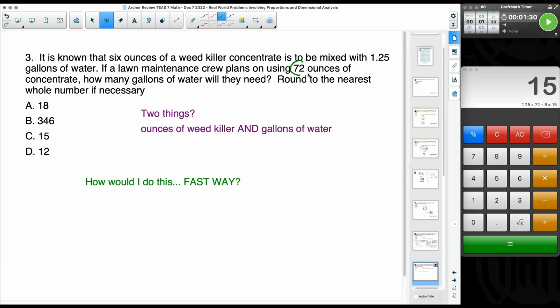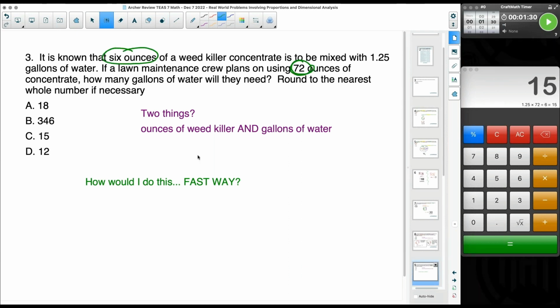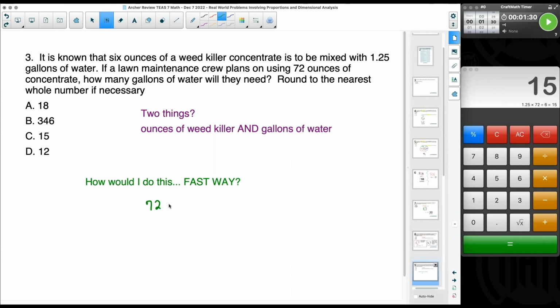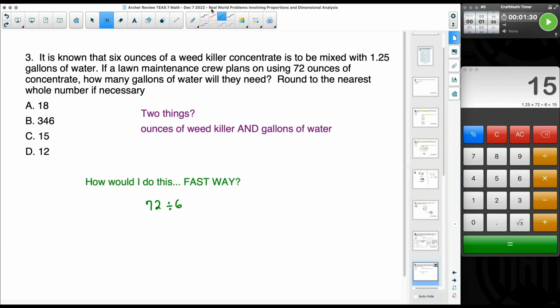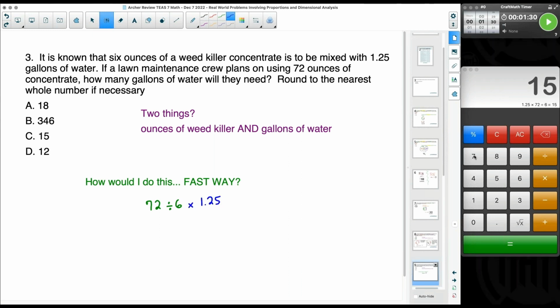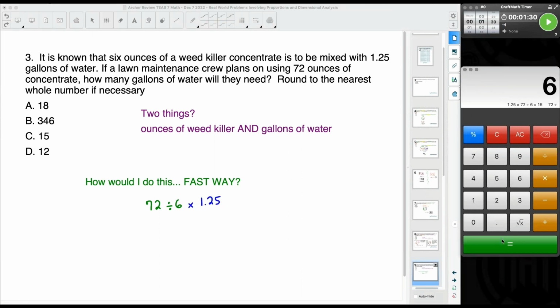I would take the 72 ounces and I would divide it by 6. Why? That comes on a different level of understanding. But yes, you can take 72, divide that by 6, and then you can multiply that by the 1.25 gallons. 72 divided by 6, we get 12, and then you multiply that by 1.25, you get 15.